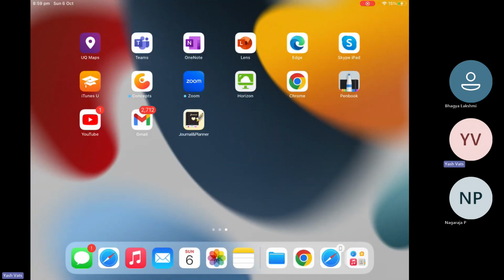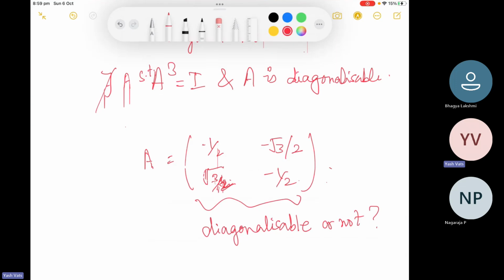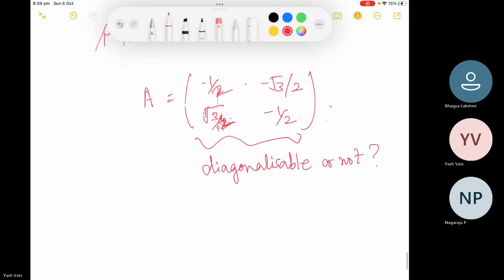What you are getting is identity here. You can check. What is A square in this case?